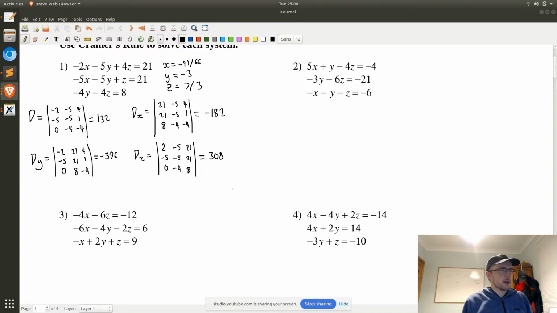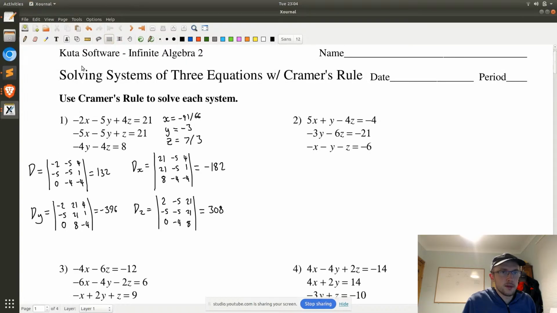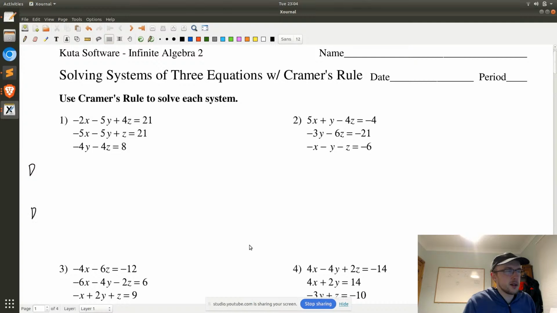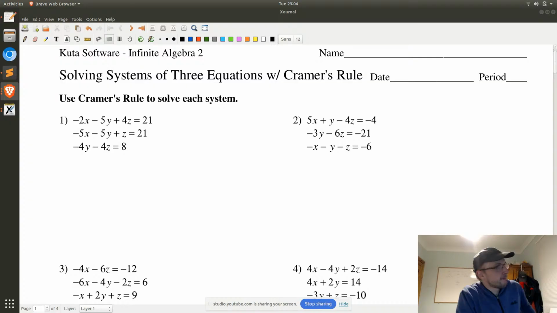Cramer's rule for 3 by 3. That's absolutely unbelievable. I don't even think that this is intended for human purposes. Maybe on a different day. Really?